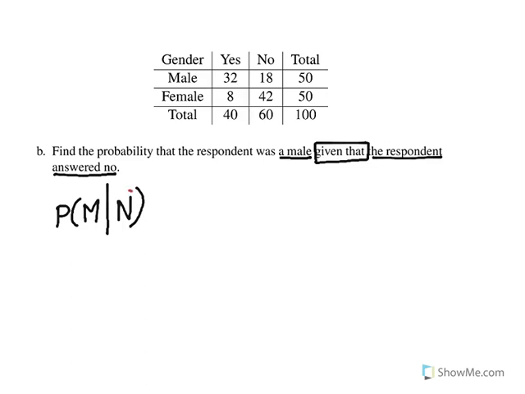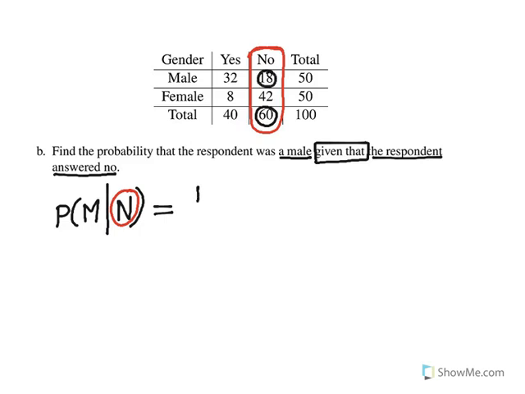Again, because this is conditional probability, we look at where is the no row or column. It's this one here. Those are all the people that said no. Okay? And then you look at how many people said no. You see that 60 people said no. How many of them were male? 18 out of them were male.